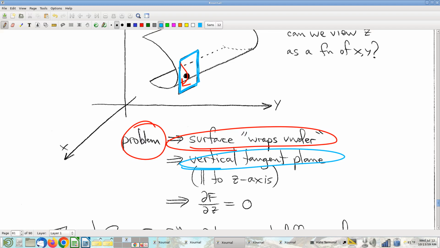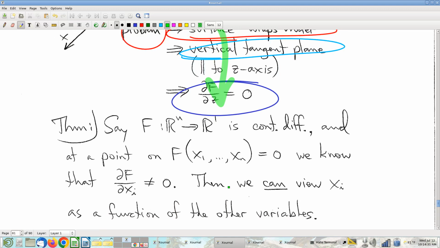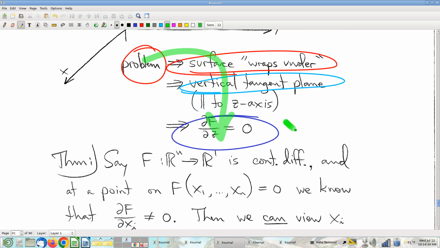And if you have a vertical tangent plane, that means that as you move in the z direction, you are moving along the surface on which f is not changing by design, and that means that the z partial would be 0. So again, the contrapositive of this statement, you say all problems would require the z partial to be 0. The contrapositive is that if the z partial is not 0, then you don't have a problem.